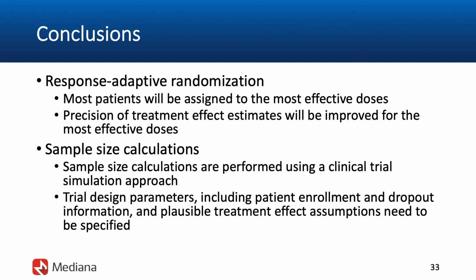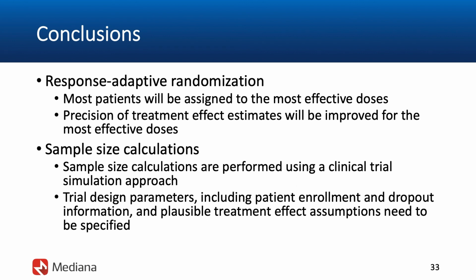From an ethical perspective, this is a very appealing approach, and from a purely statistical or mathematical perspective, one of the key consequences of utilizing an efficient response adaptive randomization is that the precision of treatment effect estimates for the most effective doses will be improved compared to a traditional design that employs equal randomization.